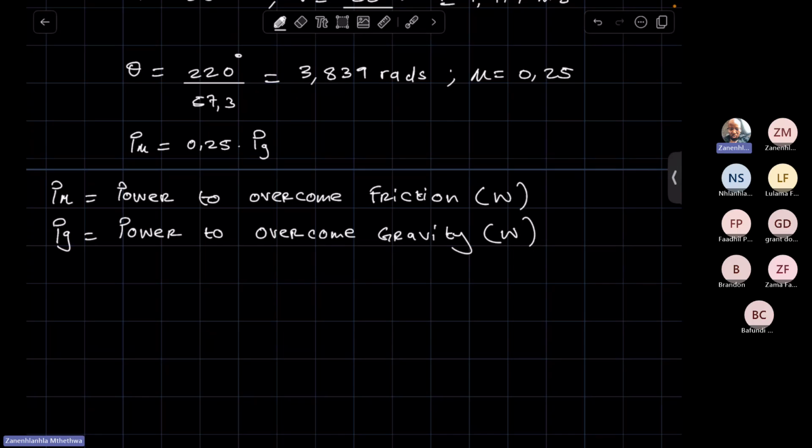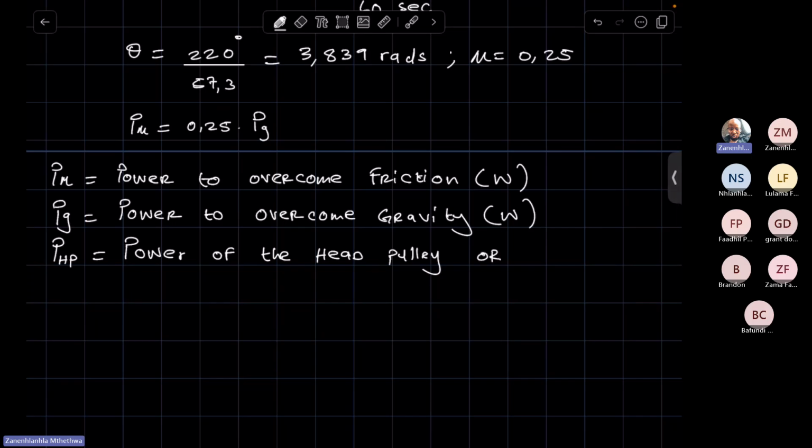All right, so the output power is also known as power of the head pulley, P sub HP. This is power of the head pulley, right?